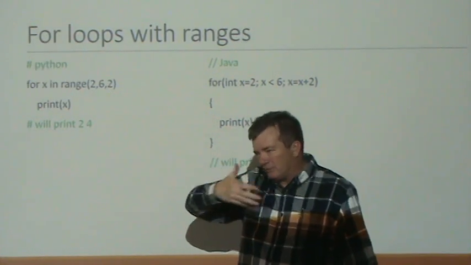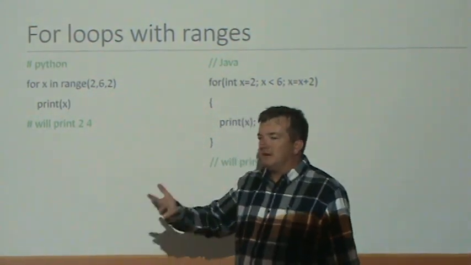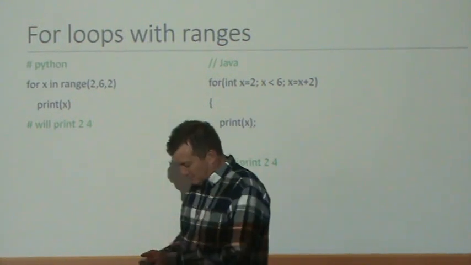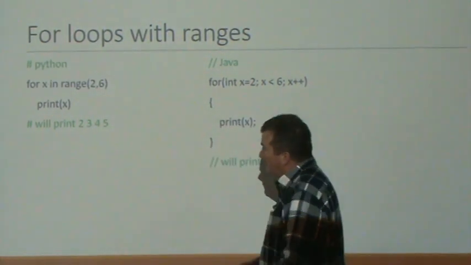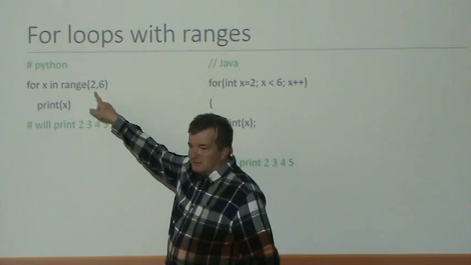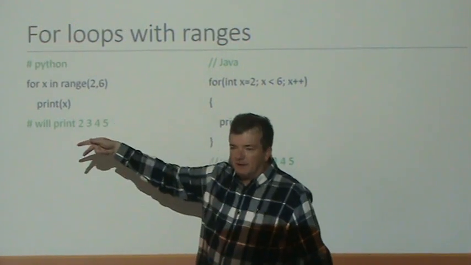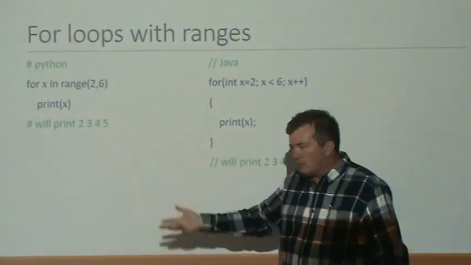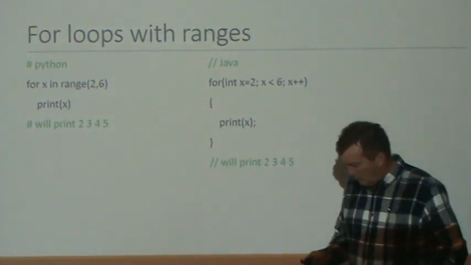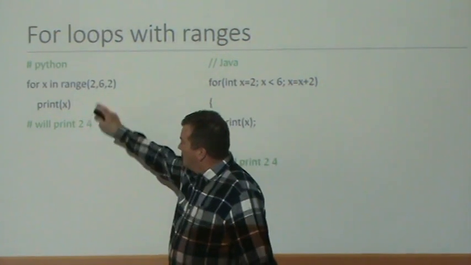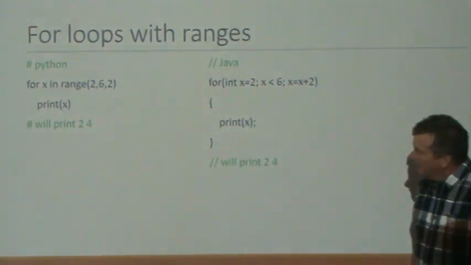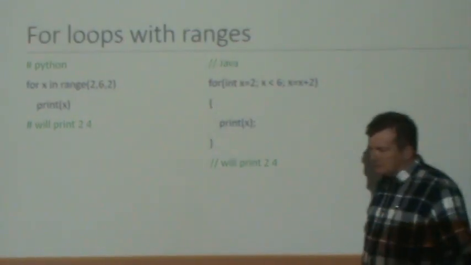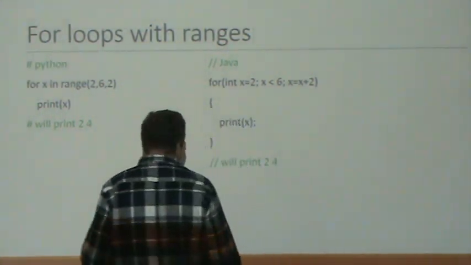Usually, you're running through an array, so 9 times out of 10, you don't need this. 9 times out of 10, you're going from 2 to 6, incrementing by 1 each time. But if you want to increment by some different number, or count backwards, or whatever your application is doing, you have that option. You have a third number, and that's what you'll increment by. It could be positive, it could be negative, it's up to you.